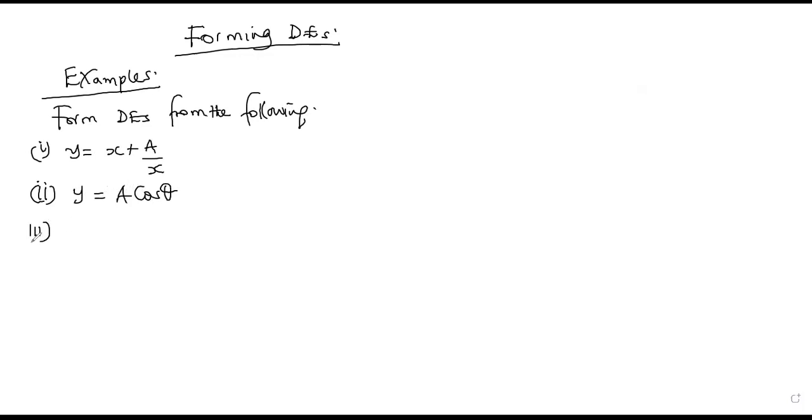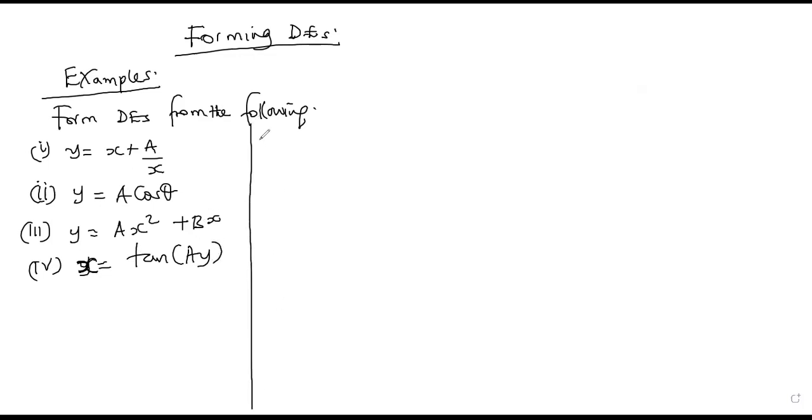Roman 3, y is equal to ax squared plus bx. And Roman 4, let me say x is equal to tan ay. By doing this for you, I'm going to give you an exercise which you can practice and see the answers you are going to get.